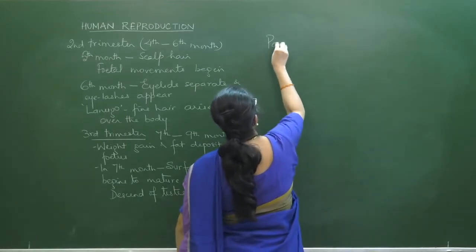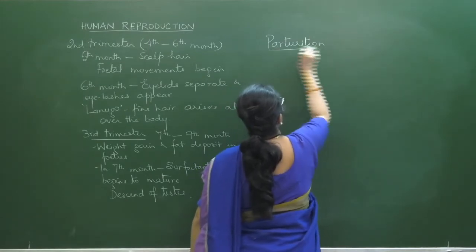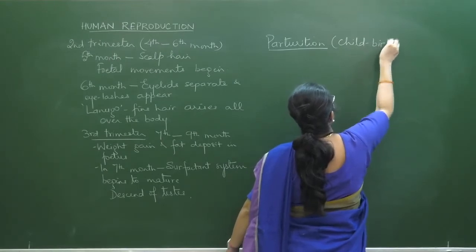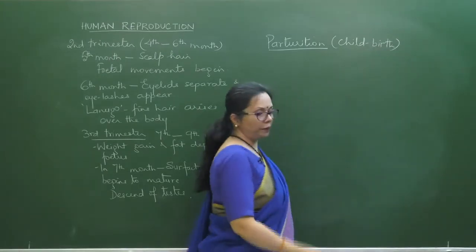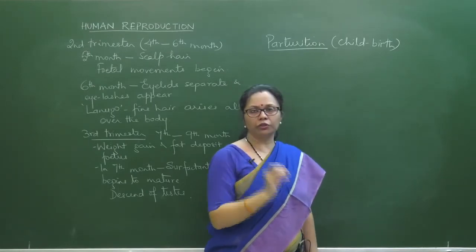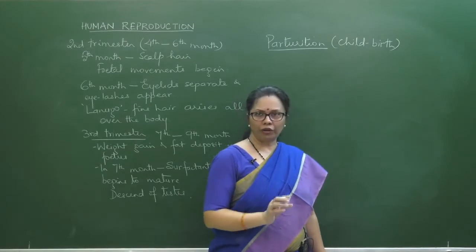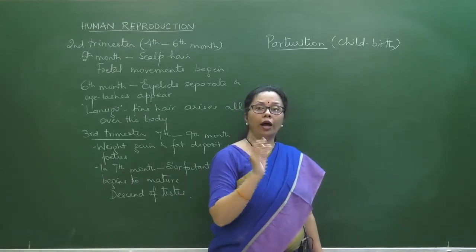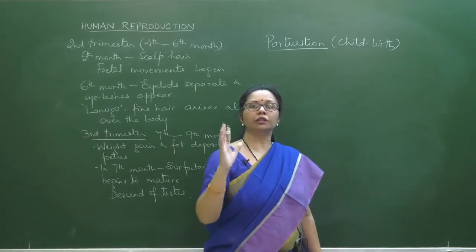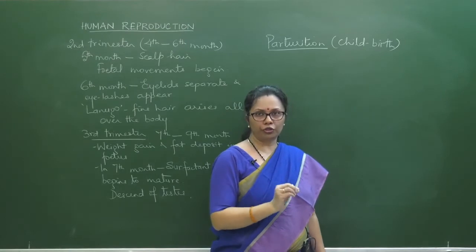Now, parturition or childbirth. You see, there are certain terms in your NCERT, and exactly those have come in the exam also. For 3 consecutive years there was a question on what gives the signal for parturition.